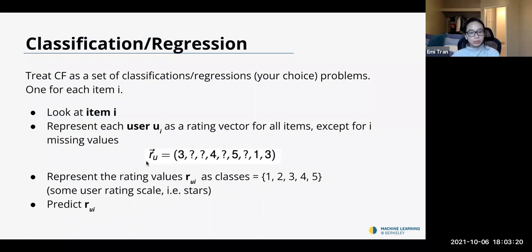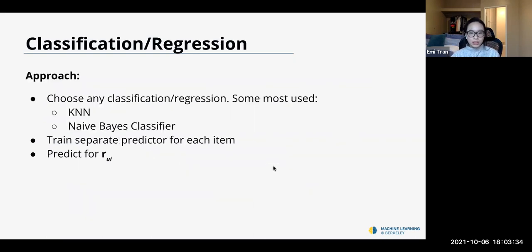Your task is to find the entirety of R_U, the rating vector for any unfinished user U. The approach is to use classification and regression, and today I'm going to use KNN and naive Bayes classifier because it's a little easier to start with. You train these classifiers separately for each item.